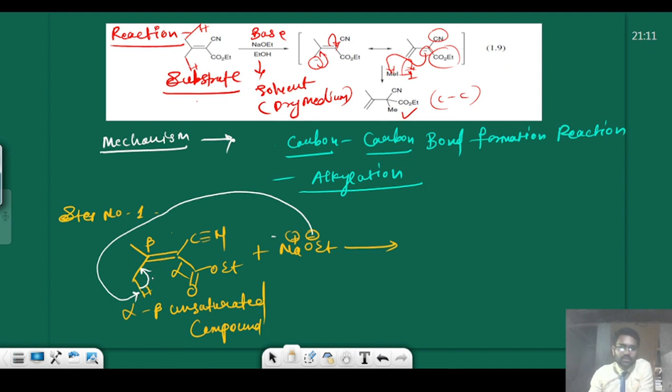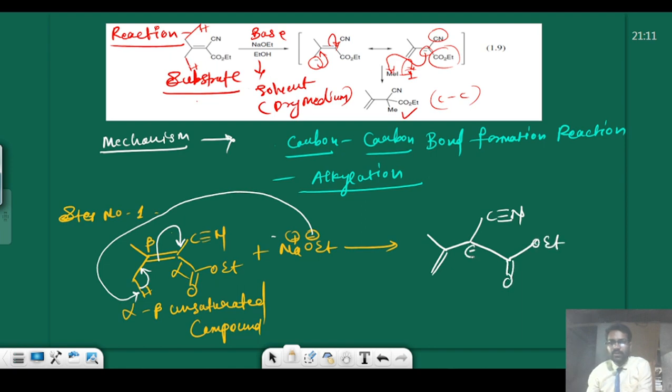After abstracting this particular proton, there is a formation of an anion system over here, and when this anion does the conjugation, this pi bond will break and this will come over here. Now what happened? There is a generation of this particular C triple bond N and COOEt, so this is the minus charge generated over here.